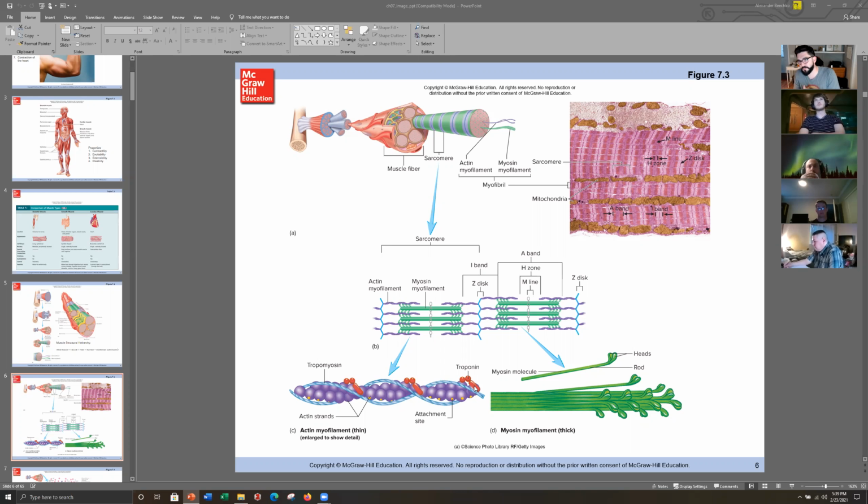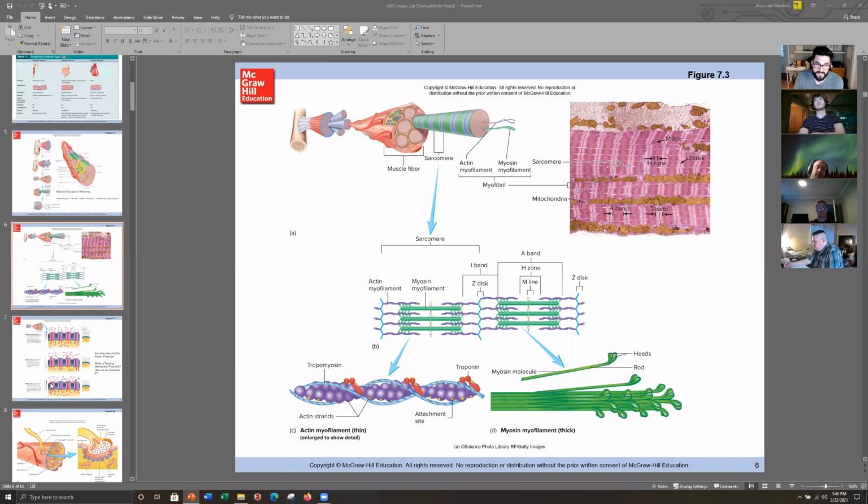And then our myosin heads can attach to those actin filaments and create what we call a cross bridge. That cross bridge cycle is essentially what we do when we flex our muscle and then relax our muscle. Okay, so we're going to get to that in a little bit, but that's essentially the entire process of muscle contraction and muscle relaxation.